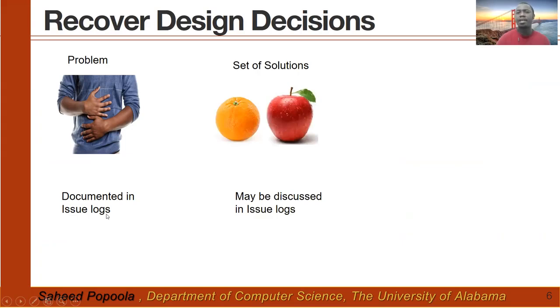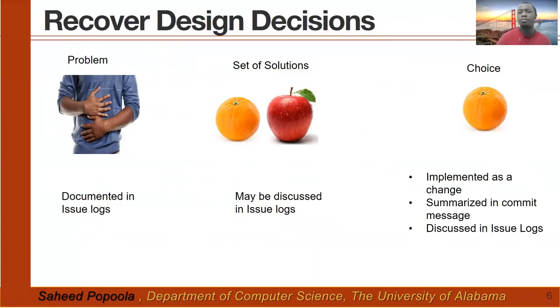Now, for every software design problem, there is usually a set of solutions that can fit such a problem, and these solutions have pros and cons. They have their own implications and gains. This set of options may be discussed in the issue log, but finally you have the choice that you made.